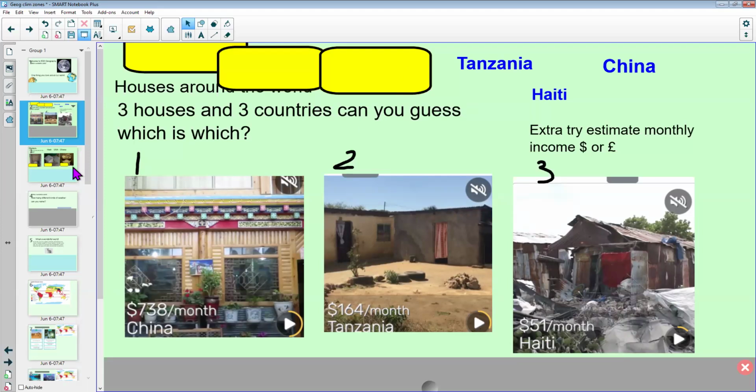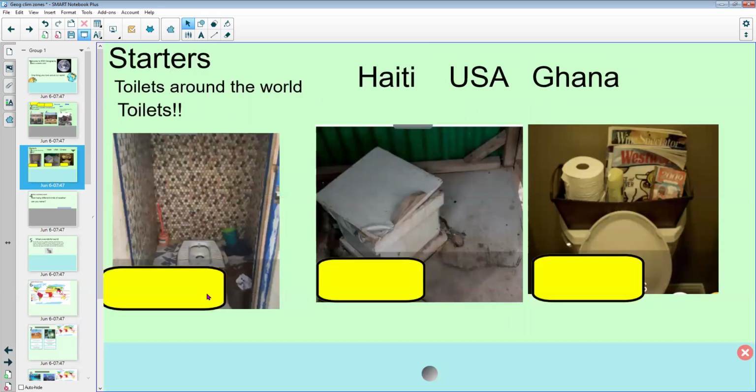And then we went on to look at something very similar, which is 3 toilets from around the world. So one toilet is from Haiti, which was the country we looked at before. One is from America, the USA, and one is from an African country called Ghana. So again, the children just had to match up which toilet they thought was from which country.